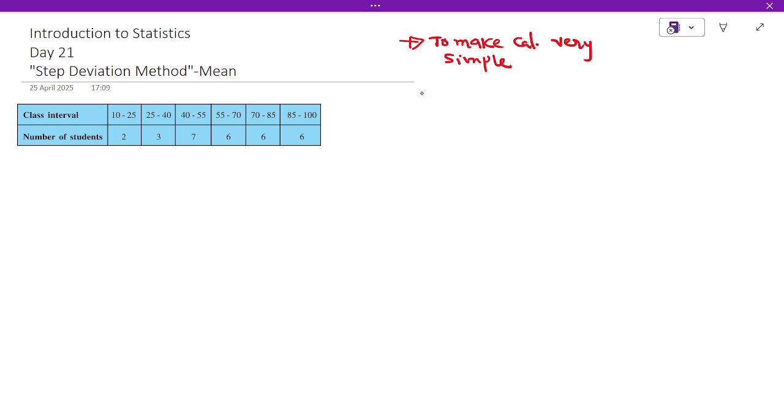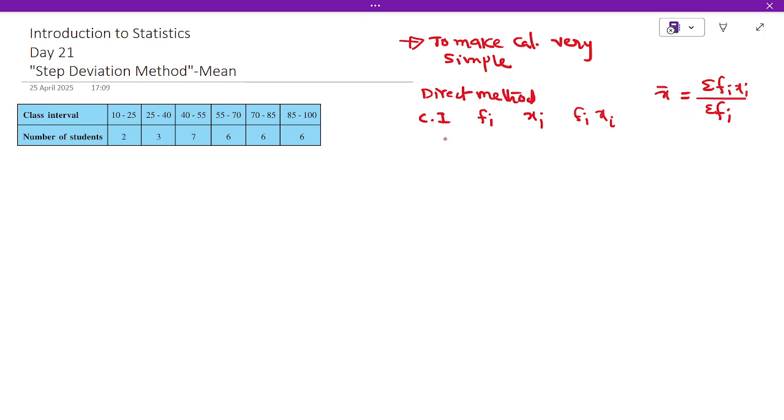In the direct method, we already have the data, the class intervals and the frequency. We found the class marks, then took the product of these two. Then we use the formula: mean is equal to sigma fi xi divided by sigma fi. This is nothing but the sum of all the observations divided by the total number of observations.